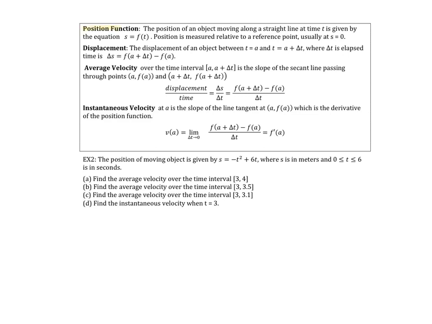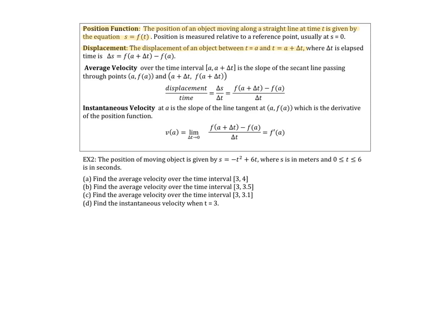A position function would be the position of an object moving along a straight line. Here we're talking about straight line motion at any time t, and we'll call that equation S equals f of t. Displacement is the displacement of the object between A and A plus delta t.